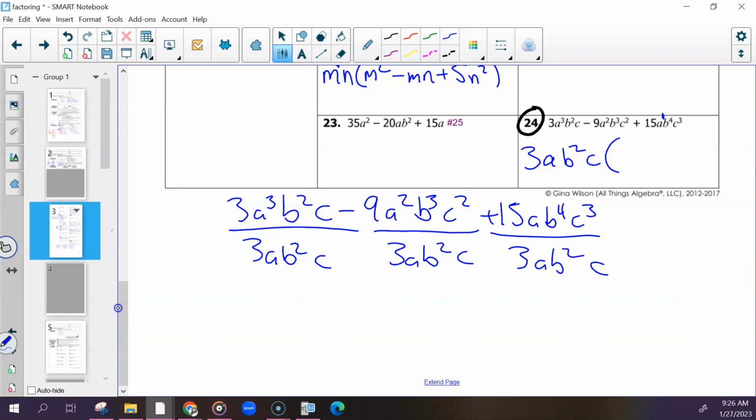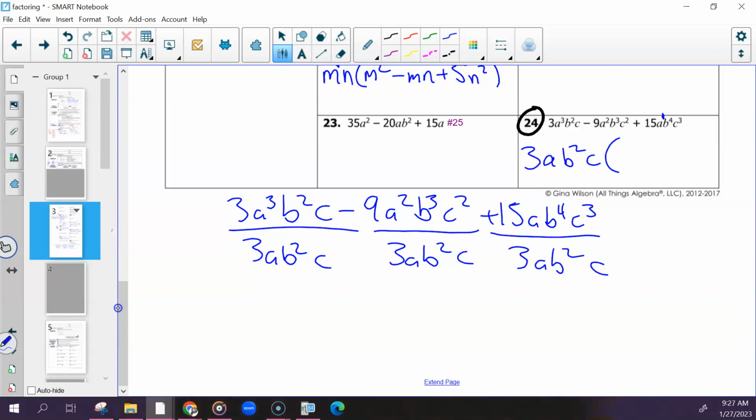Okay, so if we're dividing each piece by 3AB squared C, what's left? This is just the dividing piece.